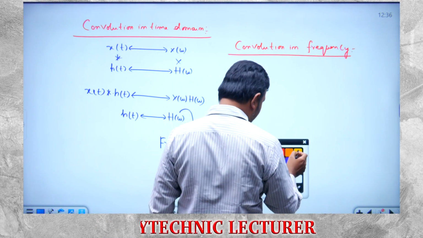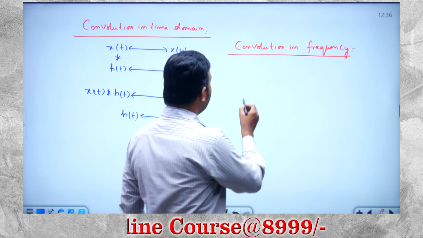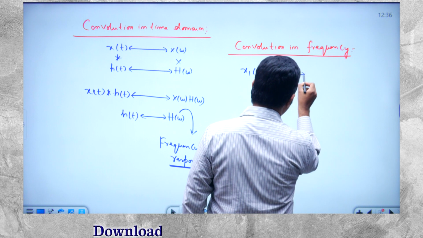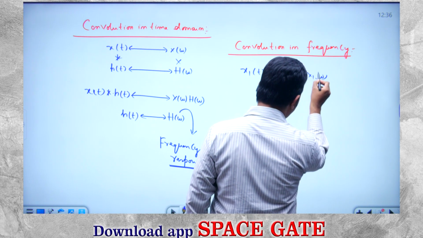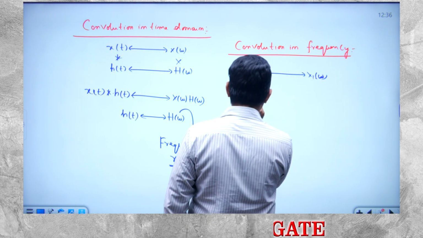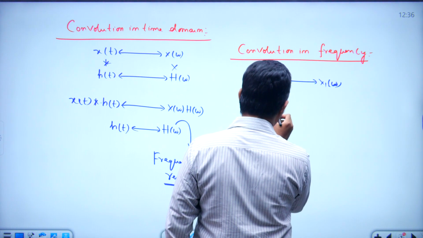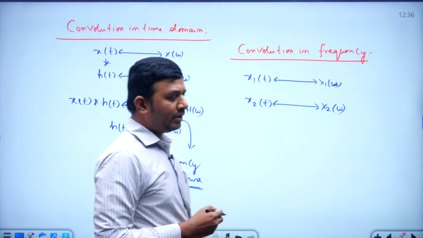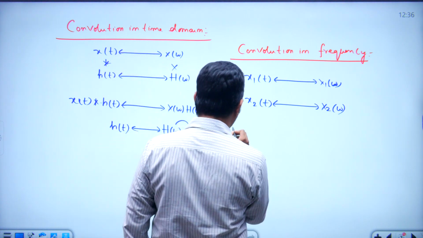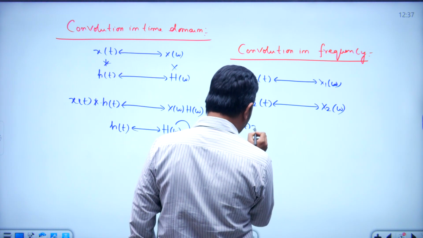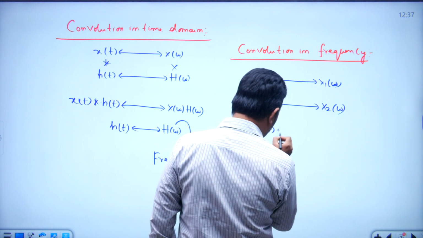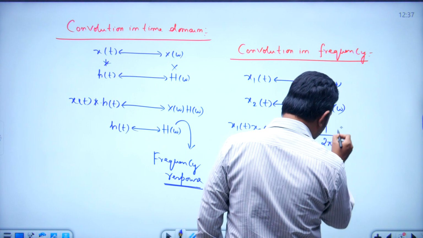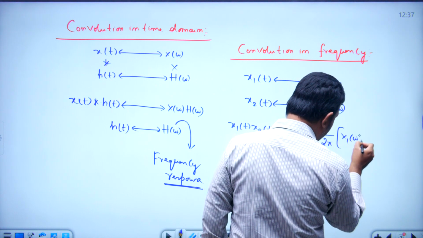This property says that if x1 of t forms a Fourier transform pair with x1 of omega, x2 of t forms a continuous time Fourier transform pair with x2 of omega, and if you are going to multiply the signals in time domain, we must convolve them in frequency domain.